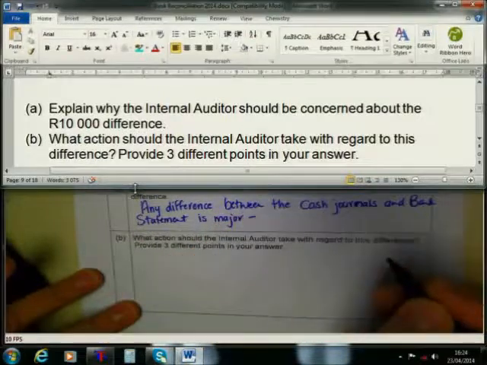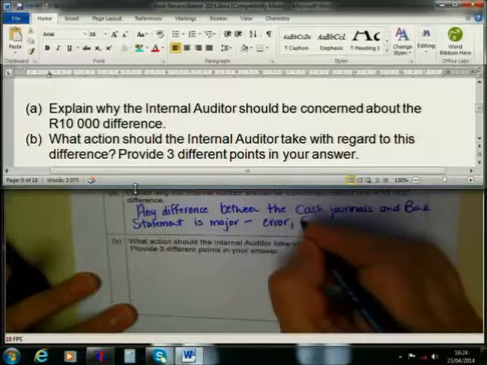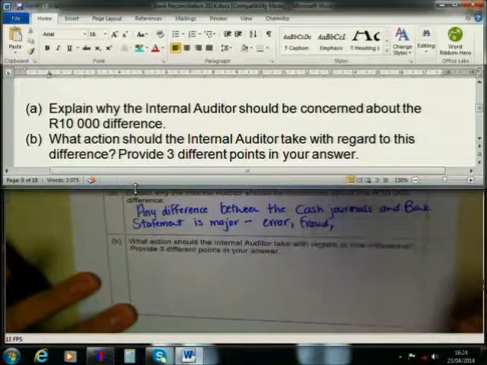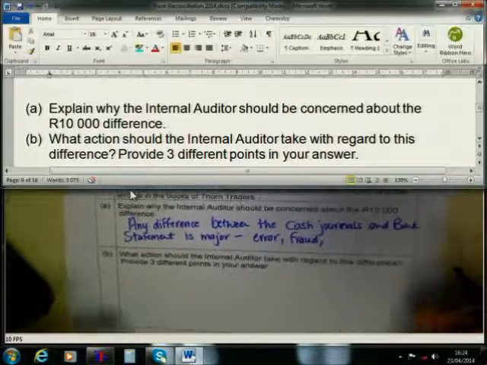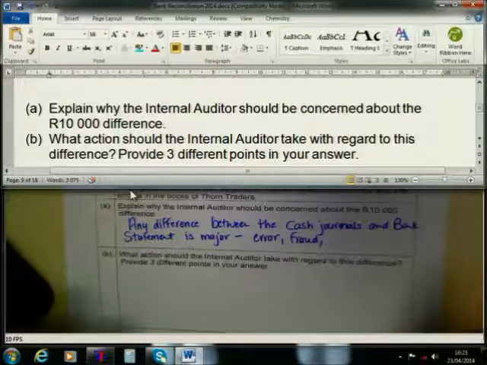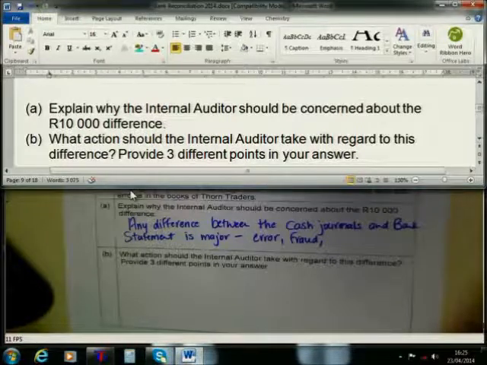Why is it major? Because there's an error. Because there's maybe some fraud. There's things that's not kosher. Everything is not 100% correct, and it must be 100% correct because we work with money.